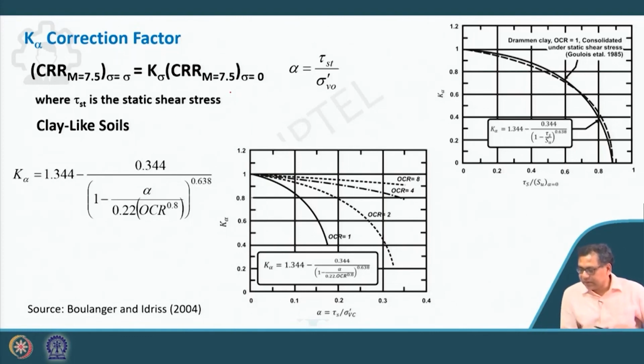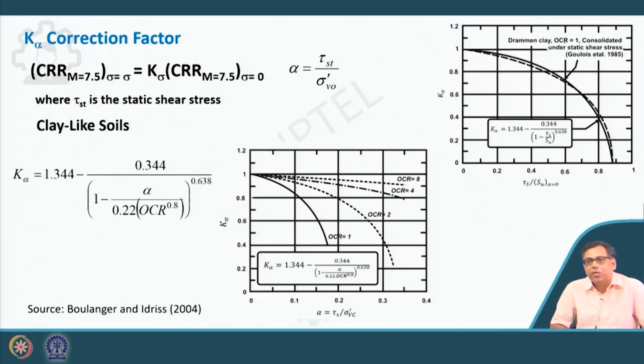By Boulanger and Idriss, the expression for K alpha is also given. K alpha means the correction factor due to the presence of static shear stress. So static shear stress is tau ST divided by effective overburden pressure, or initial effective overburden pressure. And this is the expression for OCR value 1.